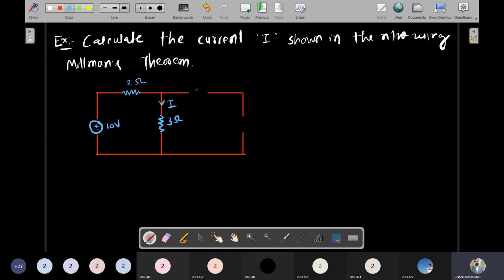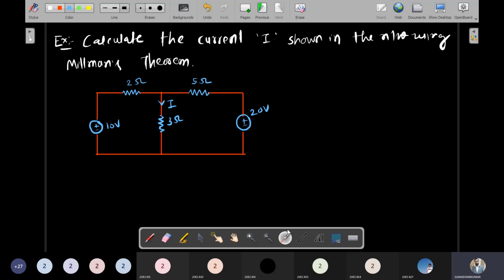Current passing through the 3 ohm is I. Here is one more resistor, the value is 5 ohm. And this side one more source, the value is 20 volt. So we need to find the value of I, the current flowing through this 3 ohm resistor, using Millman's theorem.